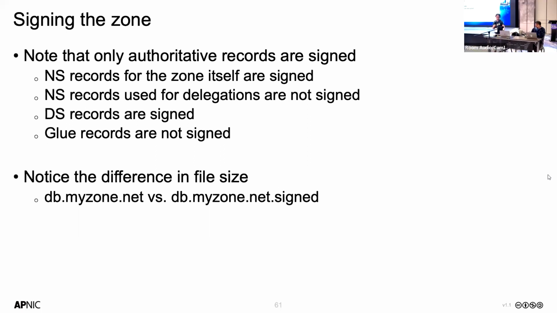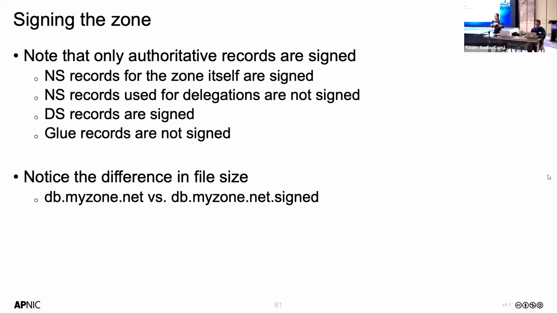So if you are doing this manually, you will notice that there is a difference between the file size of the original zone file and the newly generated zone file. Why is that? Because you now have a few extra records added into the new zone file. You have all the signatures that we talked about, the DNSKEY records, the NSEC or NSEC3 records, and that adds up.